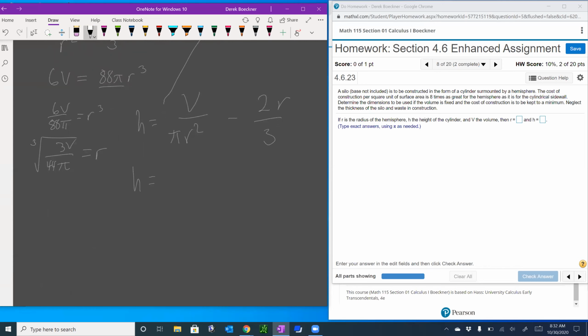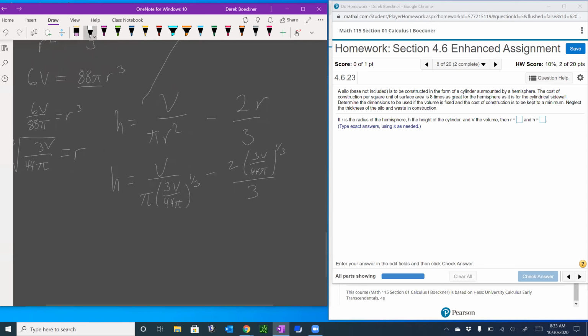So H is equal to V over pi times 3V over 44 pi to the third, minus 2 times 3V over 44 pi to the third, over 3.